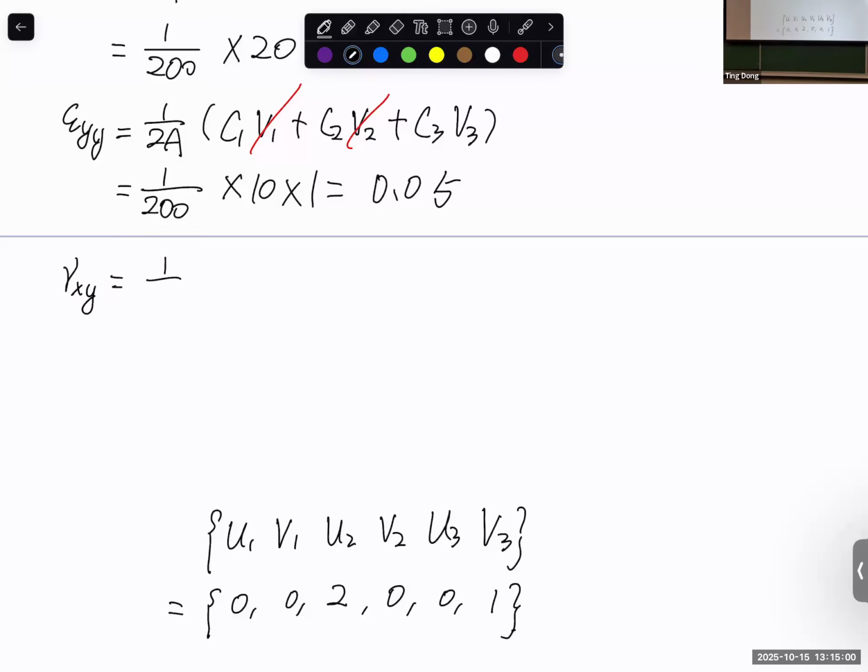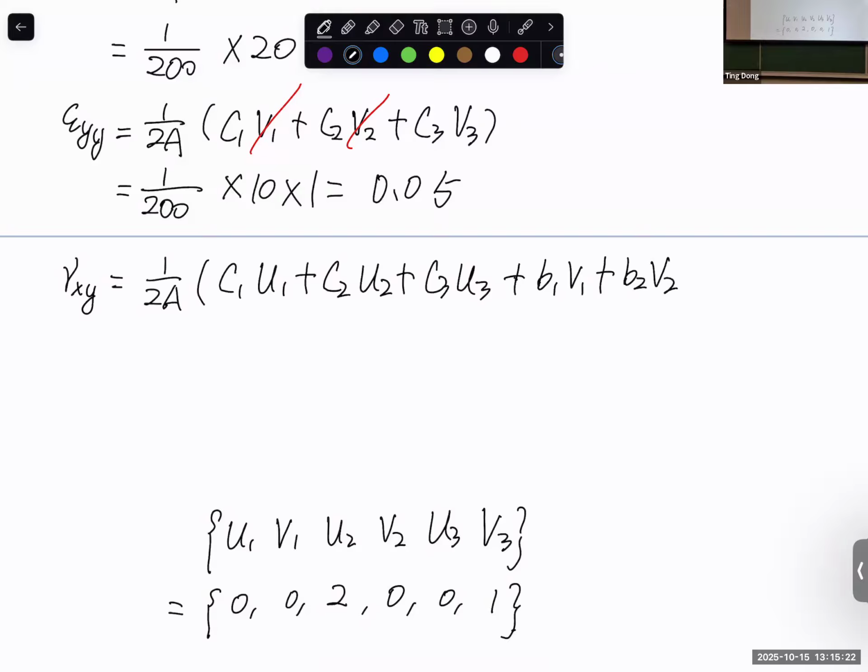Gamma xy equals 1 over 2A times C1 U1, C2 U2, C3 U3, plus B1 V1, B2 V2, B3 V3. U1 equals 0, U3 equals 0, V1 equals 0, V2 equals 0.